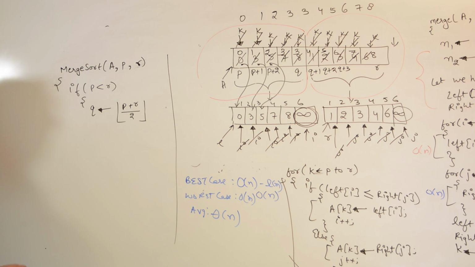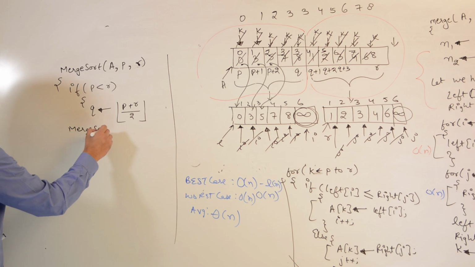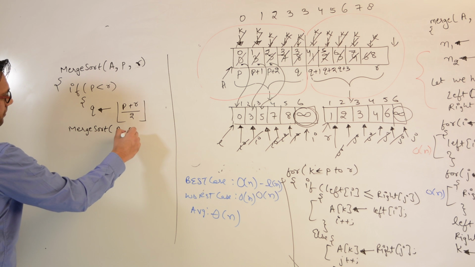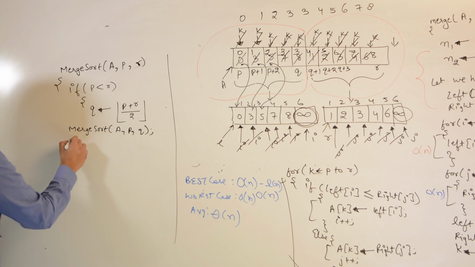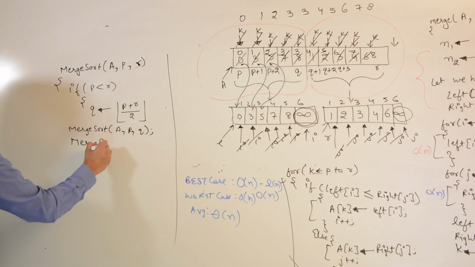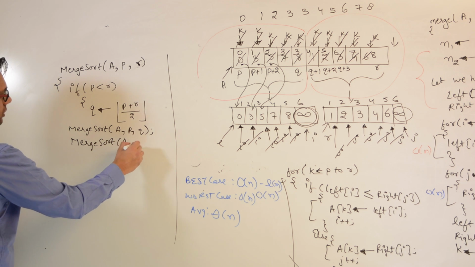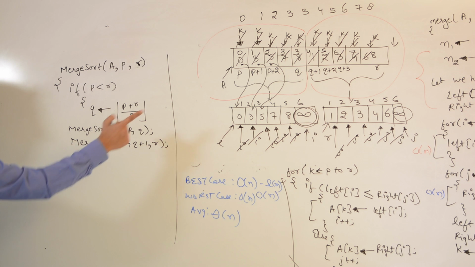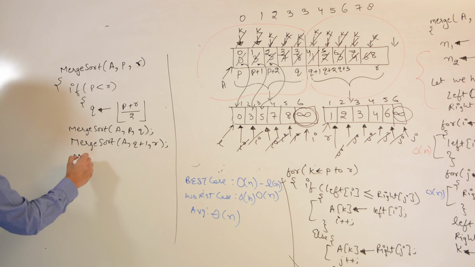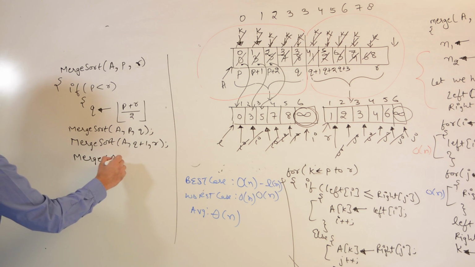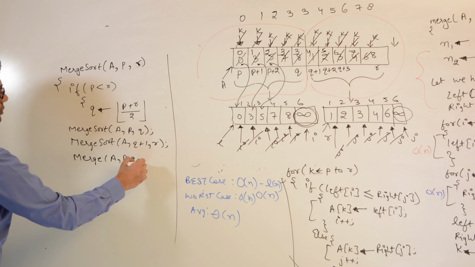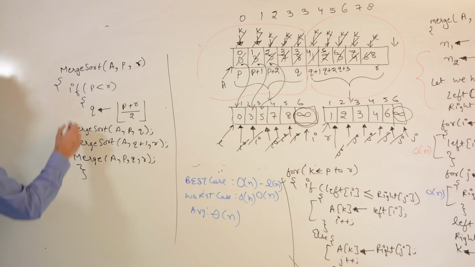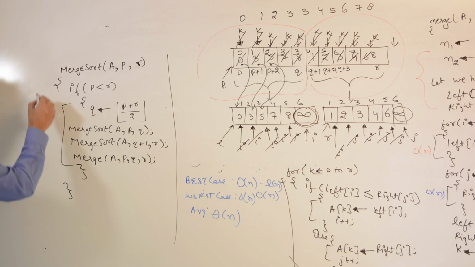Then we recursively call this function: merge sort A P to Q, then merge sort A Q plus 1 to R, and then we call the merge procedure, which is merge A P Q R.